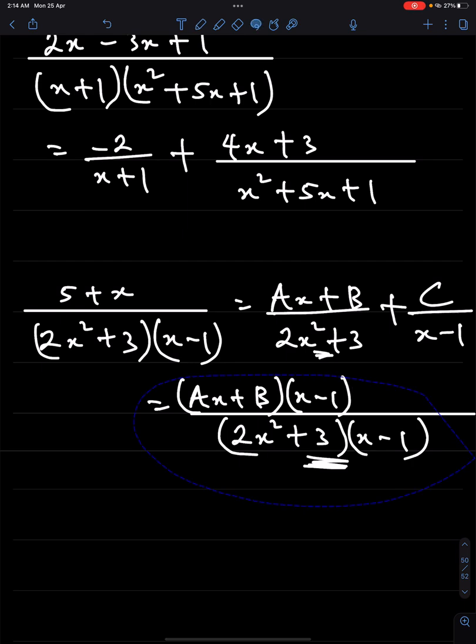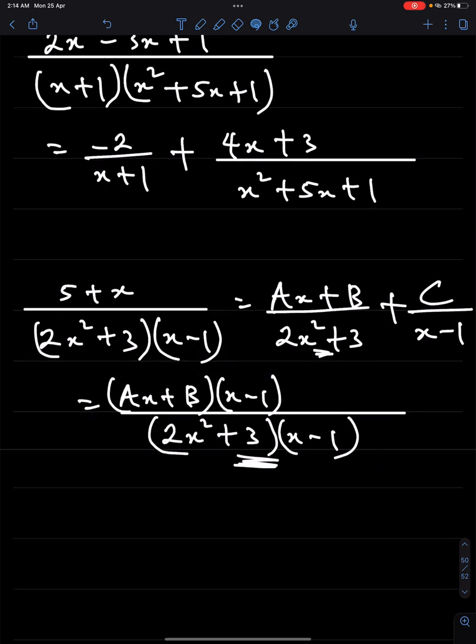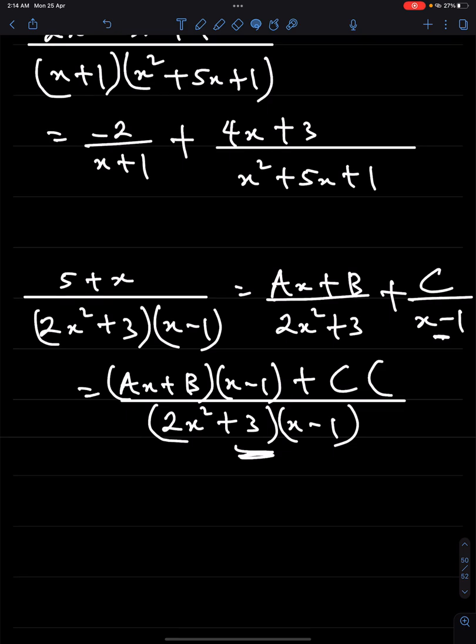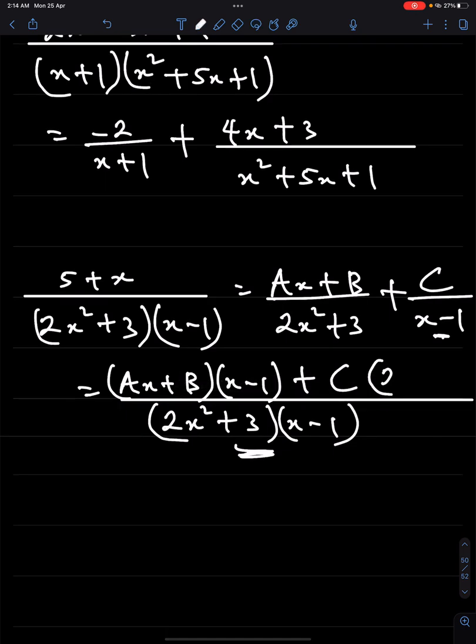Now when you divide this LCM by x minus 1, you'll be left with 2x squared plus 3. And we multiply that by the numerator c. That means c into bracket 2x squared plus 3.